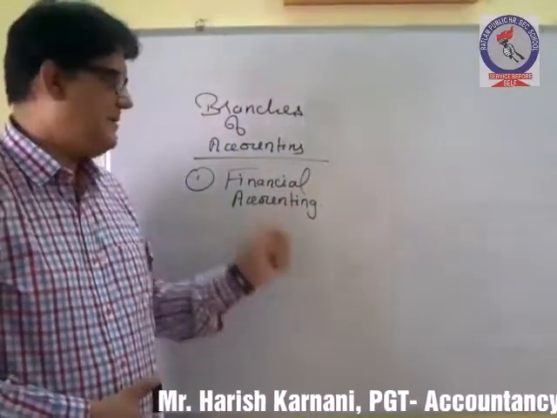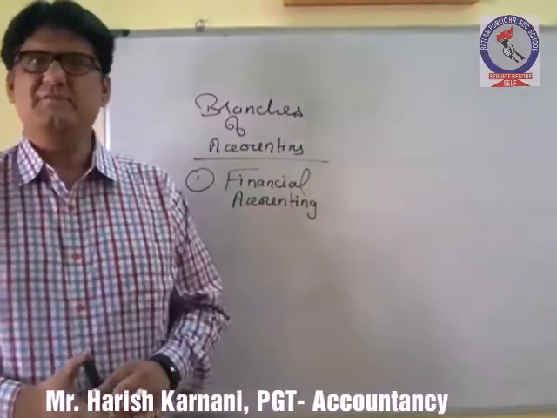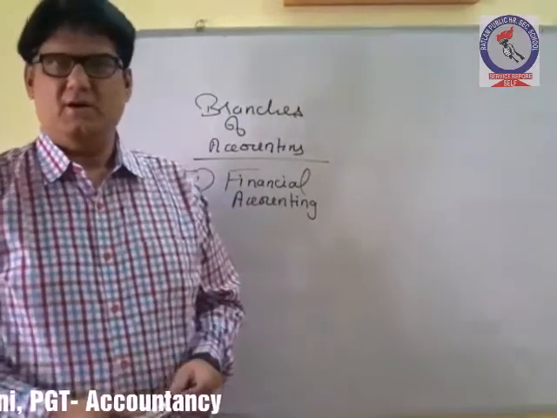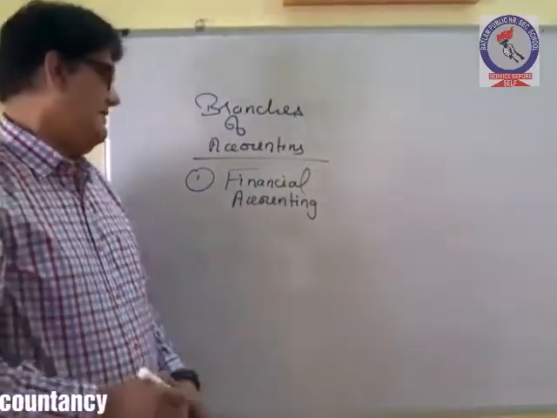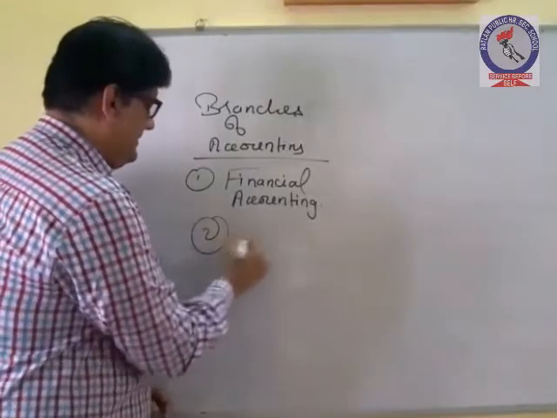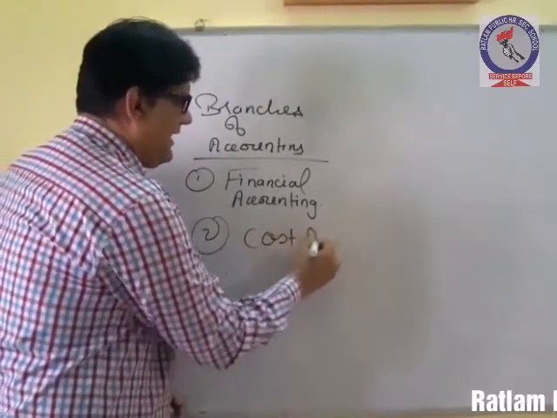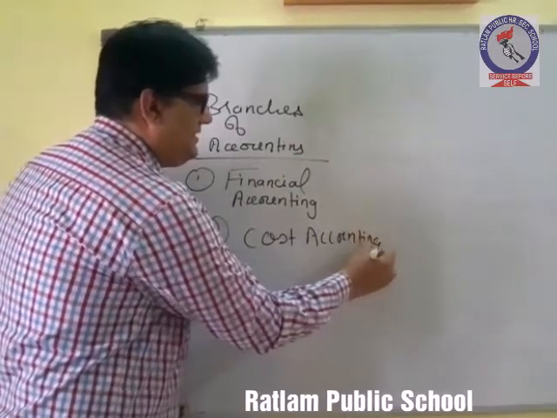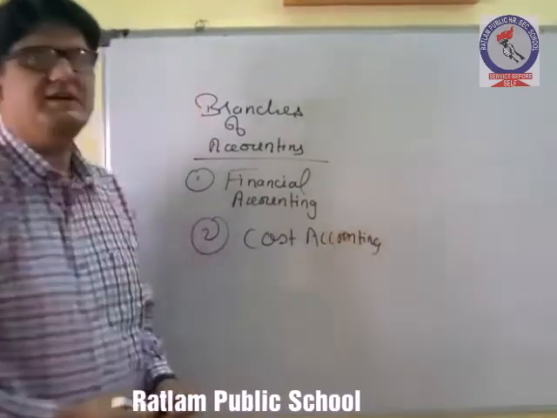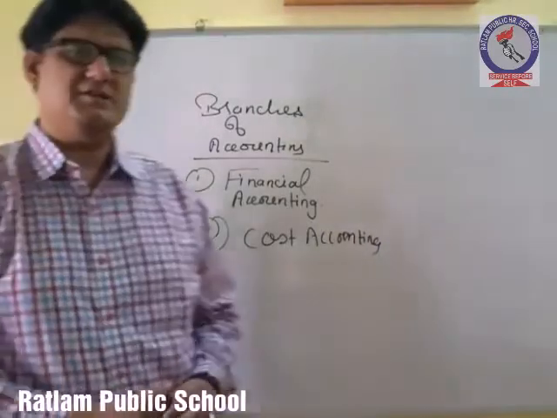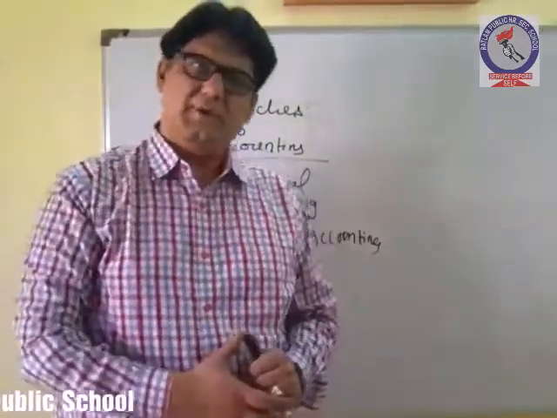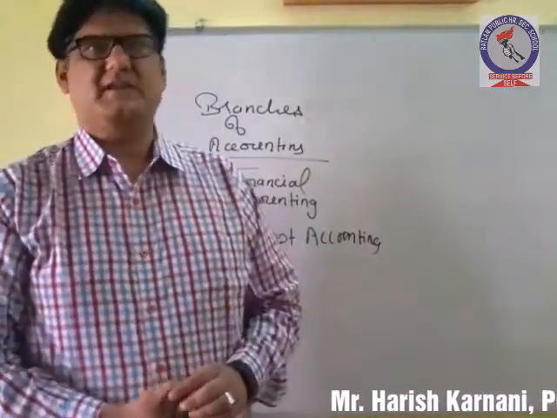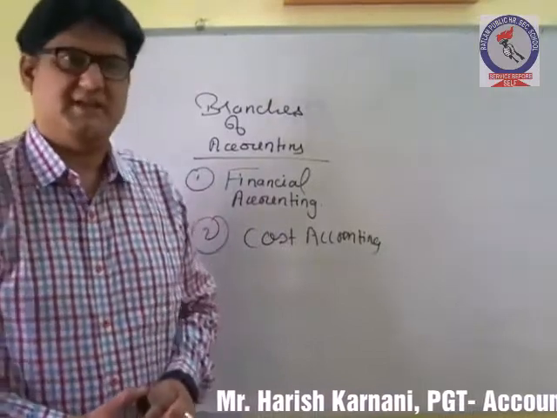So basically this is the branch of accounting which we will be discussing in this academic session of class 11. Second is cost accounting. This is the branch of accounting which is related with the assessment or determination of the cost of the product, process and the activities involved in the business.